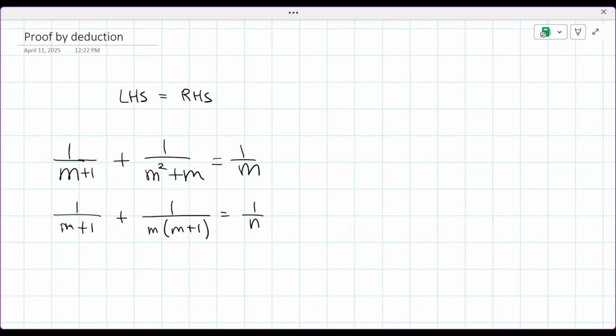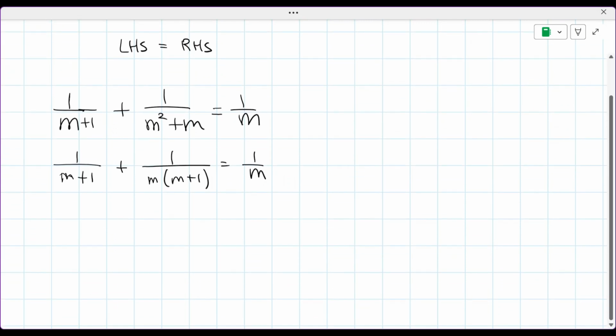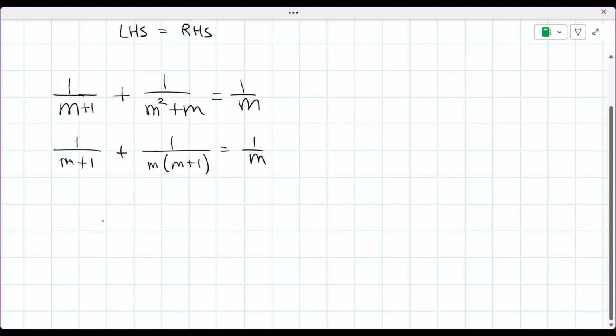Aha, we already see that we could find the lowest common multiple instead of a regular multiple. So I think the lowest common multiple of the two denominators would be m times m plus 1. I'll achieve that by multiplying by m for the first fraction, and then the second fraction is just kept the same.